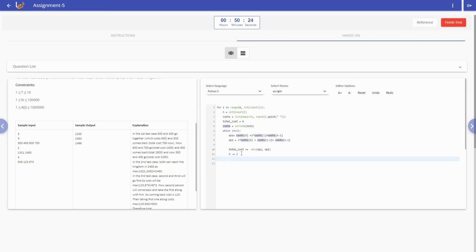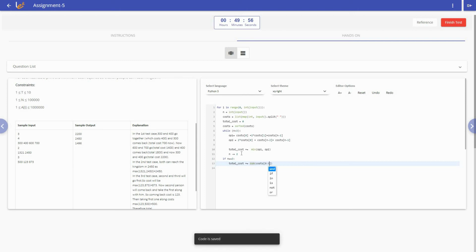Now, the question is, if n is equal to 3, in that case, total cost plus equal to the sum of cost of the 0 to third element.